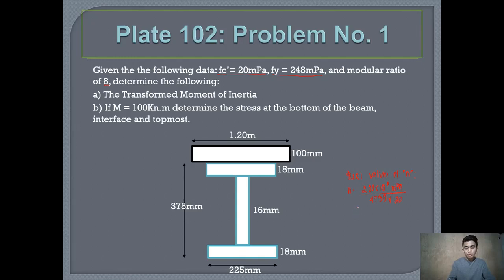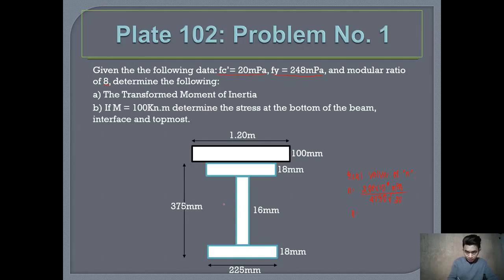So n now would be, input that on your calculators, 200 times 10 raised to 3 divided by 4730 square root of 20, which is now 9.45.